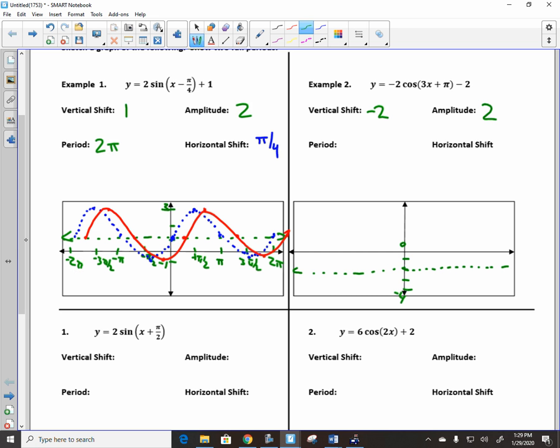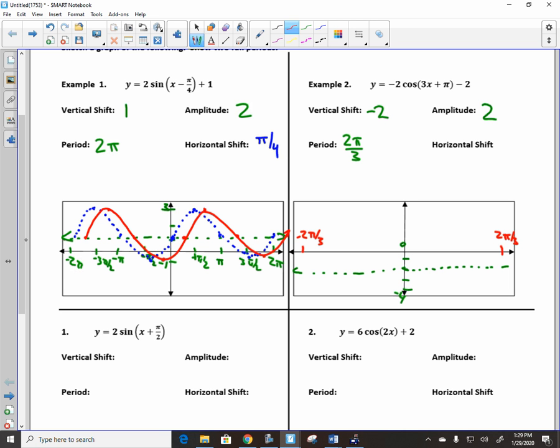Period. 2 pi over 3. That sounds like that could be difficult to divide up. Two pi over 3, -2 pi over 3.